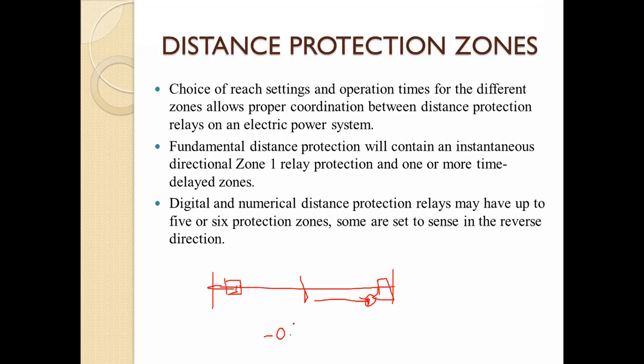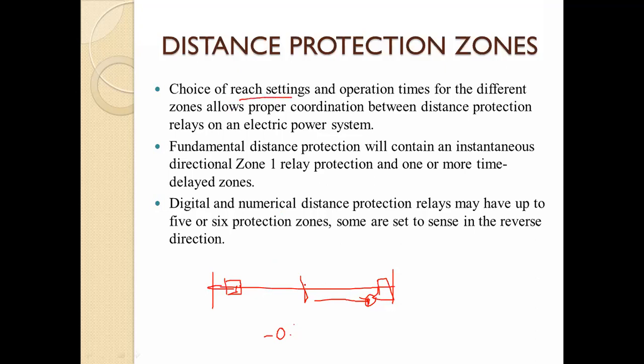So there are different types, that is the instantaneous relays, and inverse time and definite time relays, where we are giving some particular timing, and after that only your relay operates. So according to that, there are different zones. So here the reach setting is there.